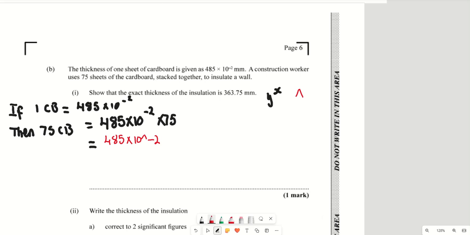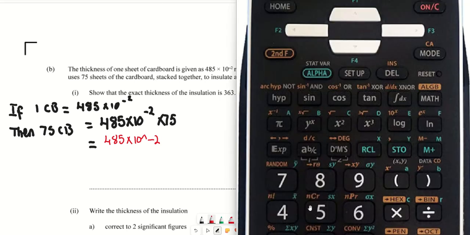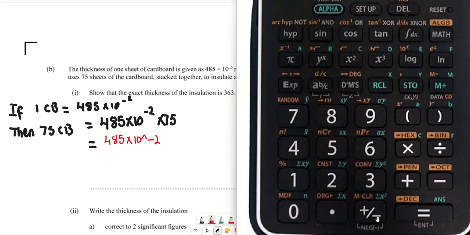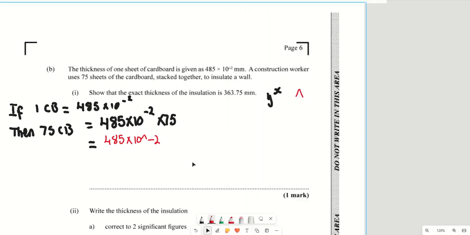Negative 2 is not minus 2. Please do not confuse the two. This is negative and this is subtract. So when you put in 10 to the negative 2, do not put subtract 2. You're pressing this button here for negative.